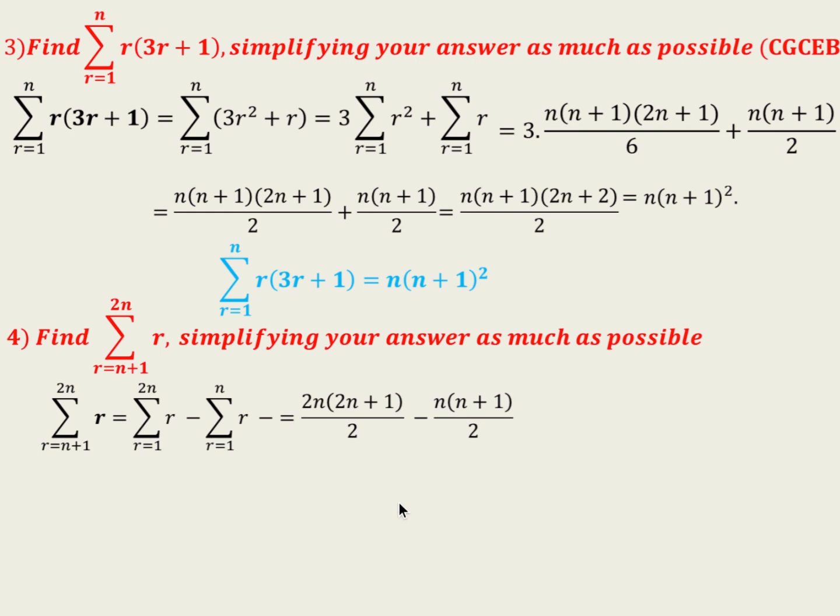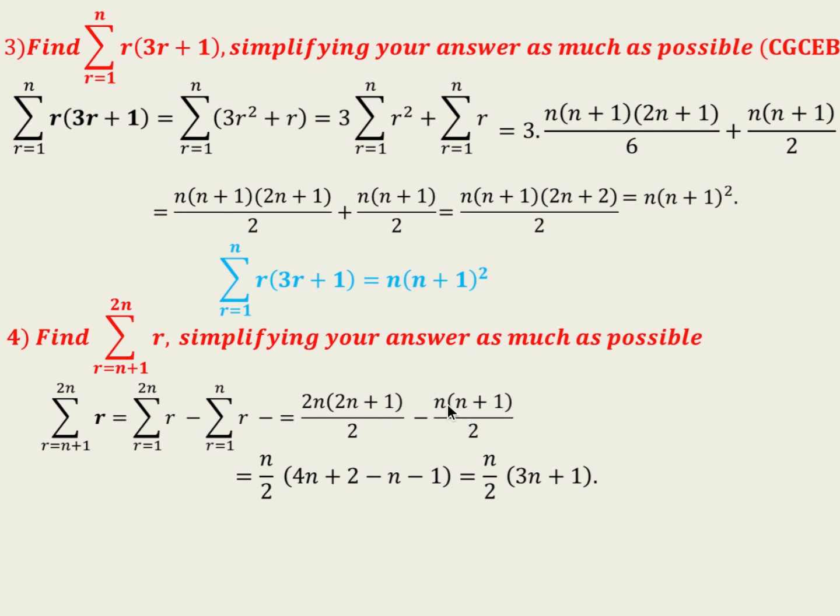We can now proceed to factorize. n over 2 is common. You have n over 2, n over 2. So it's common. n over 2 factorize. You divide every term by that common factor. When you divide this term by n over 2, you get 2 into 2n plus 1, which gives 4n plus 2.